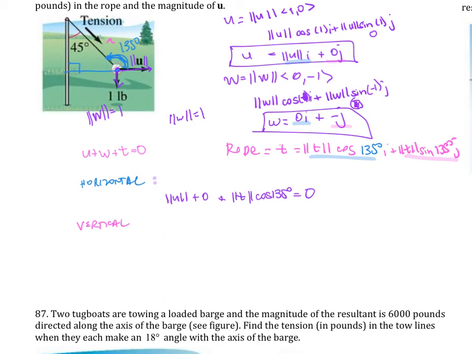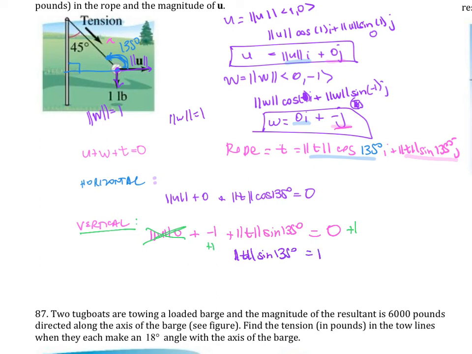So what we're going to have is the magnitude of U times 0, or really that was just 0, plus the j here, so it's just -1, plus the magnitude of T sine of 135 degrees, and that equals 0. So let's simplify this a little bit. The U term is 0, so that goes away. Then let's add 1 to both sides. Now we have the magnitude of T sine of 135 degrees equals 1.